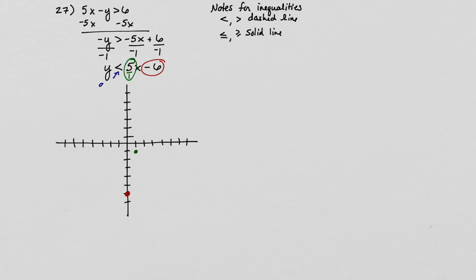So I'm going to make a dashed line between these two points. My line's pretty crooked. Maybe I could make that a little straighter. Oops, dashed.